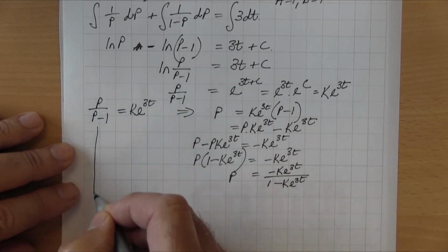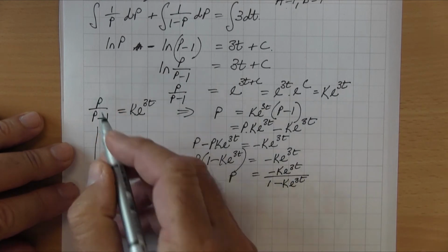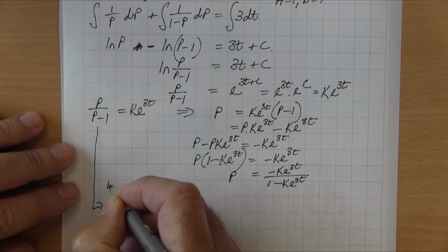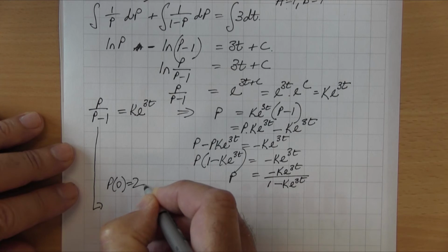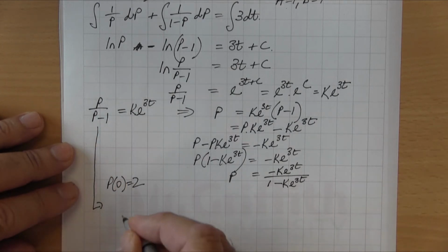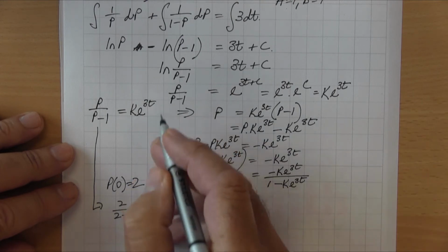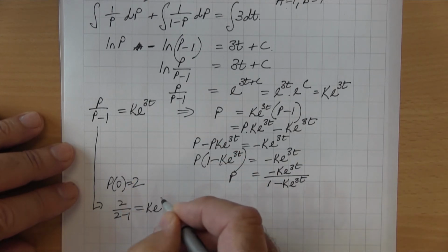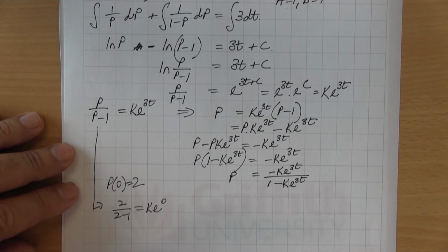So P of 0 equals 2, so 2 over 2 minus 1, and for t equals 0, K e to the 3 times 0 is 0.